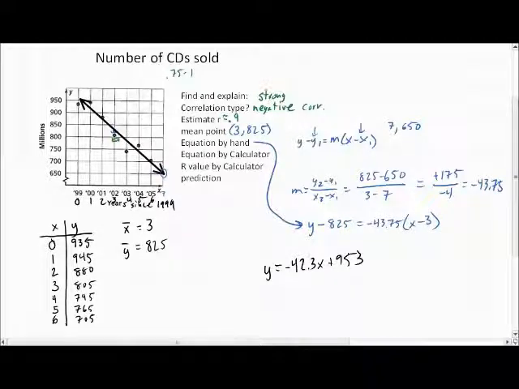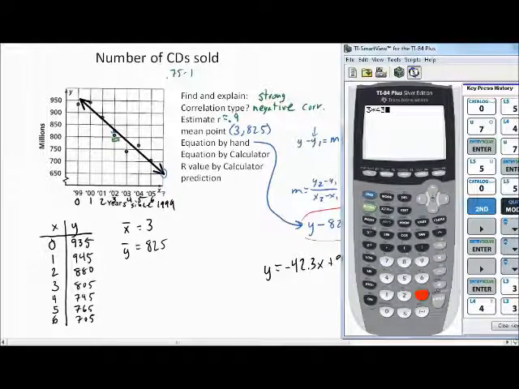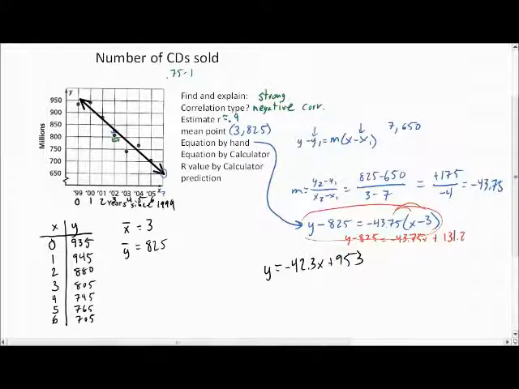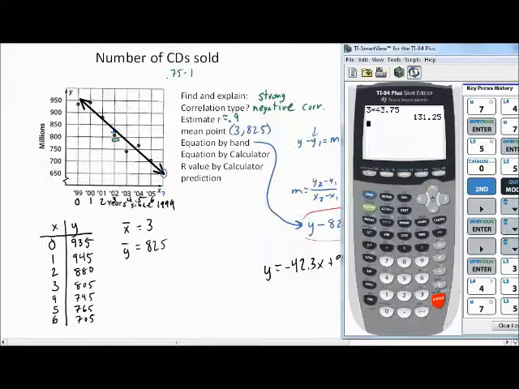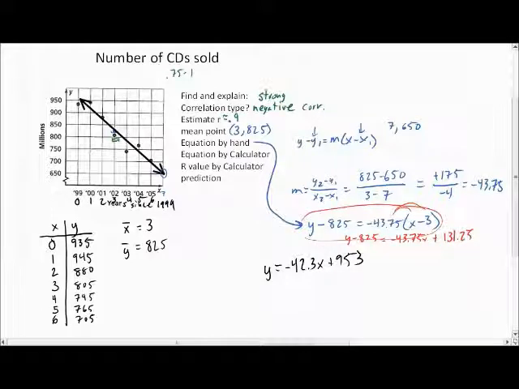Okay, now I don't know if you realize this, but if you took our equation right here and distributed the negative 43.75, you'd have y minus 825 equals negative 43.75x plus, and then 3 times 43.75 is 131.25, and then add the 825 on there, which would be 956.